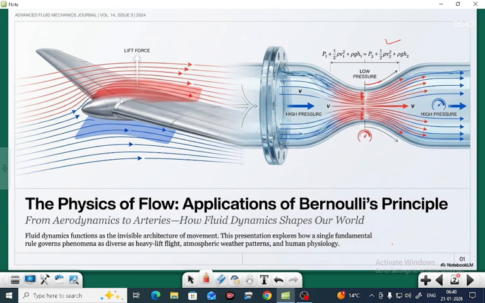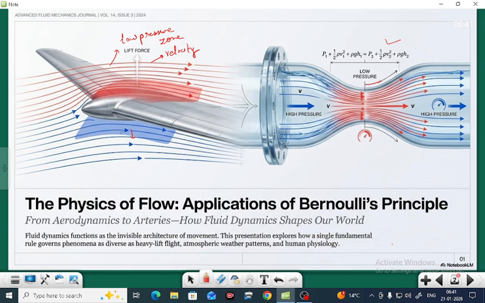And here also lift, in the case of an airplane, you see in this case all the air blows over a curved surface. So the velocity at this position is more than at the lower end. When the velocity is high, it creates a low pressure zone.